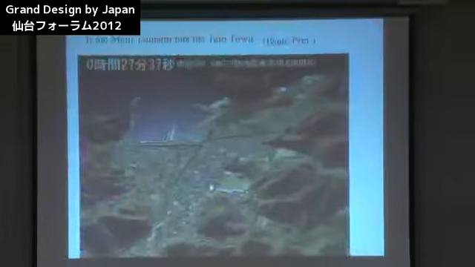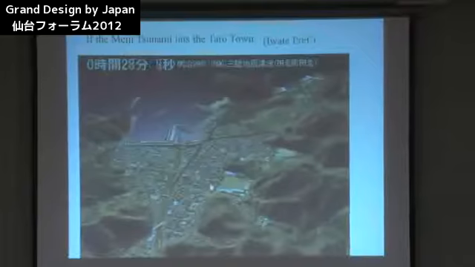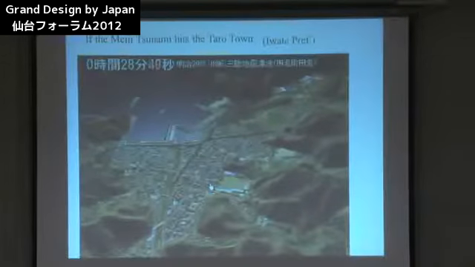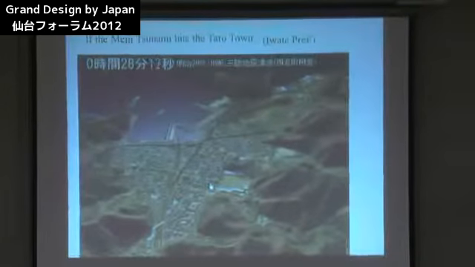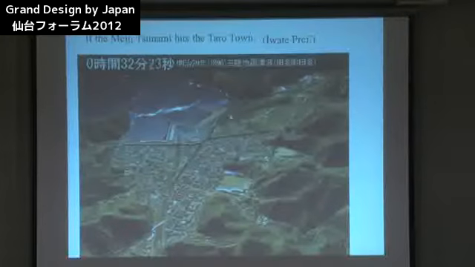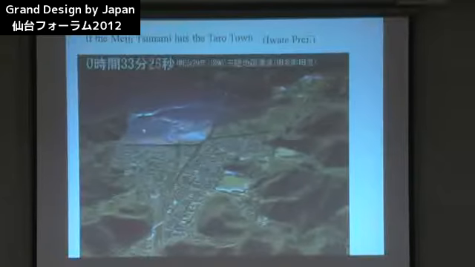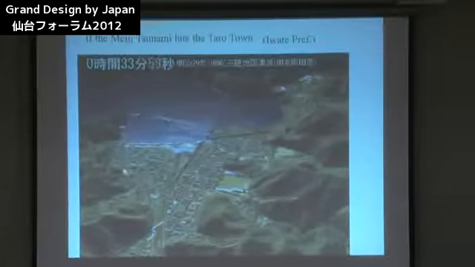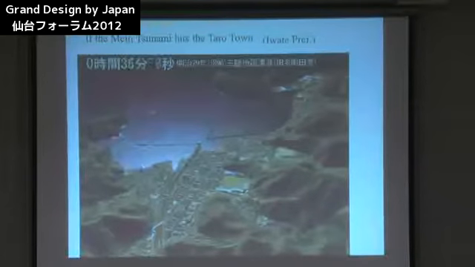So this animation was also produced by Iwate Prefecture to show the effect of these seawalls to Taro's residents. So the Meiji tsunami came. This height is 10 meters above sea level, and the Meiji tsunami is 15 meters above sea level.